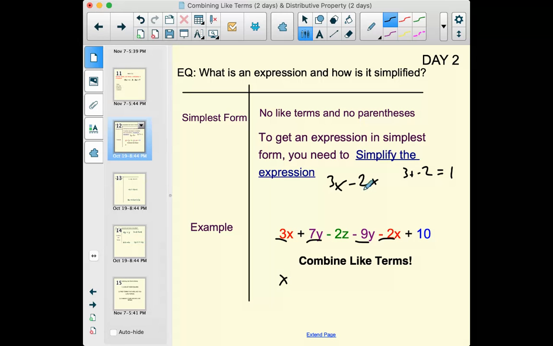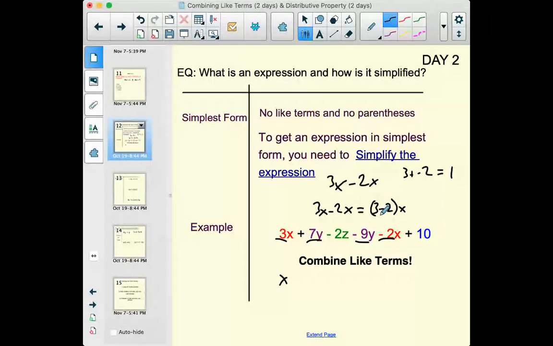Now, I'm hoping this makes sense from something that we saw in Unit 1, and that thing is the distributive property. So what I'm saying here is that 3x minus 2x is the same thing as 3 minus 2 times x. Does that remind you of something you've seen before? I'm hoping it does.